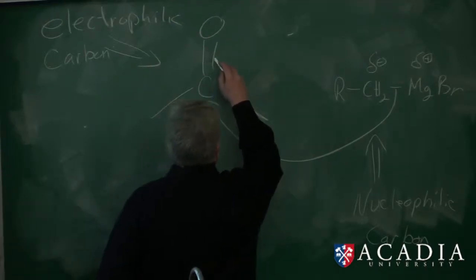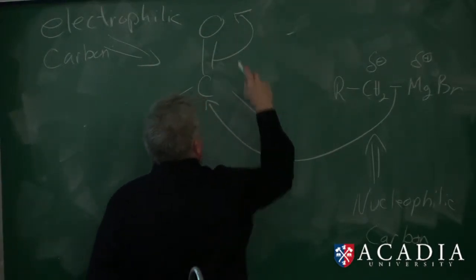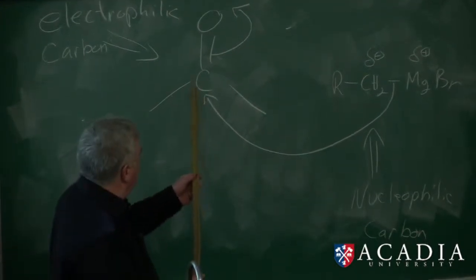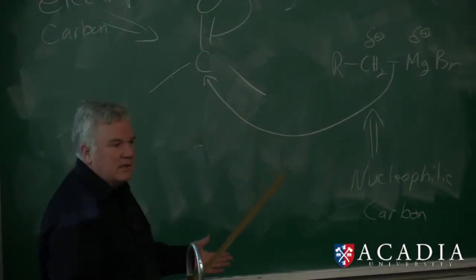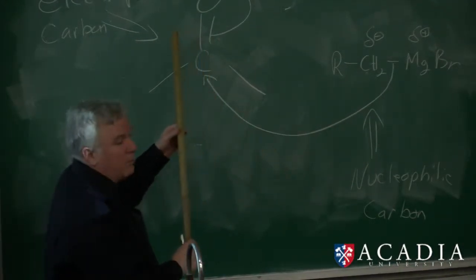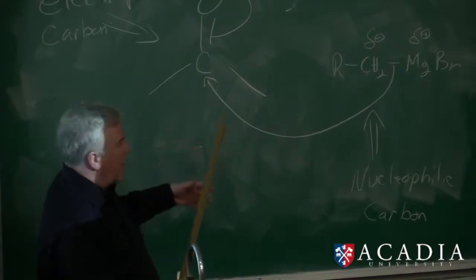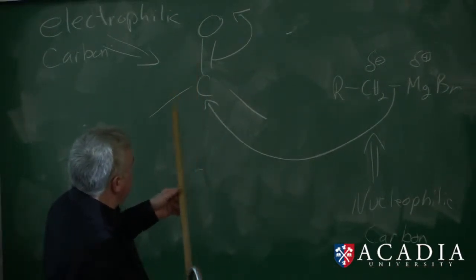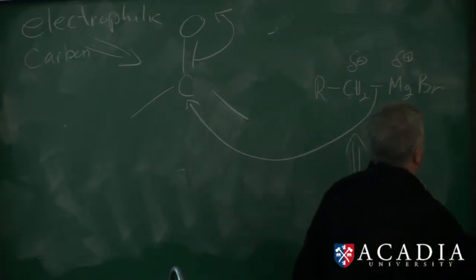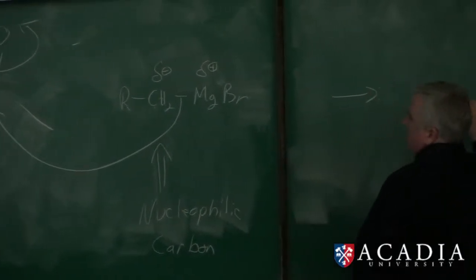When we do that, we have to promote a pair of electrons up because carbon can only have 4 bonds. It already has 4 bonds. So if we put a new bond to carbon, we have to break another bond to carbon. In this instance, we break the carbon-oxygen pi bond, and we get this thing.